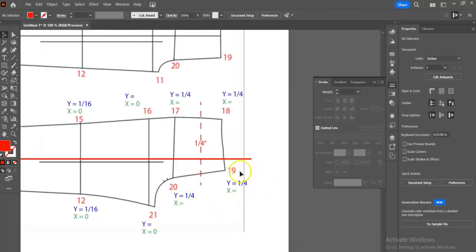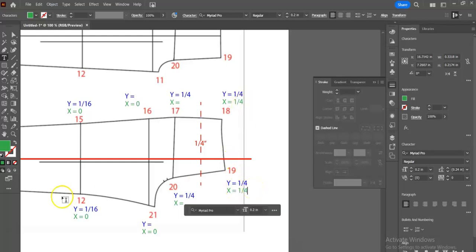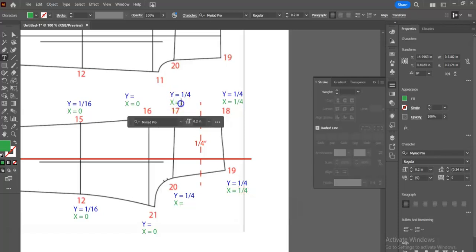Okay, so my grade rules here, 18 and 19 for X, are also going to be 1/4. All right, if my waist is moving 1/4 and I want my hip placement to grow and shrink 1/4, then that means that my resulting grade here is 0, right?